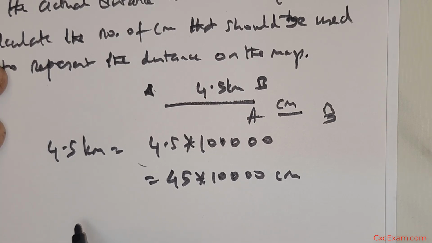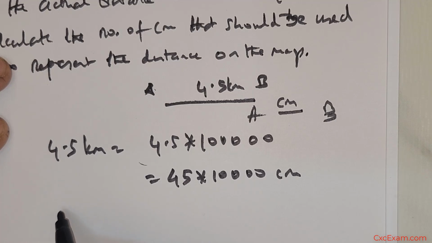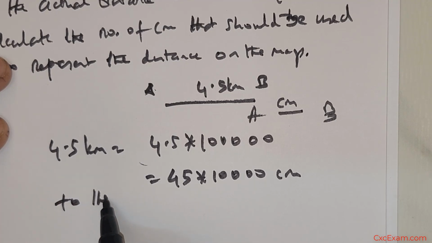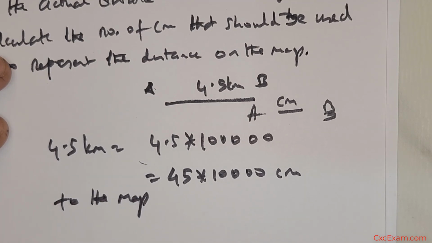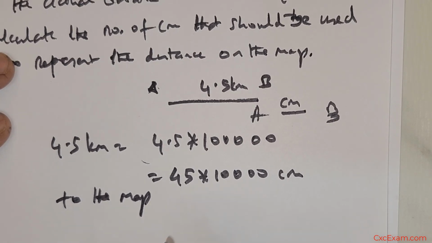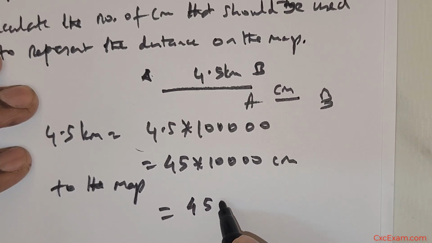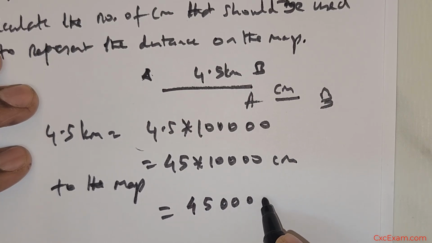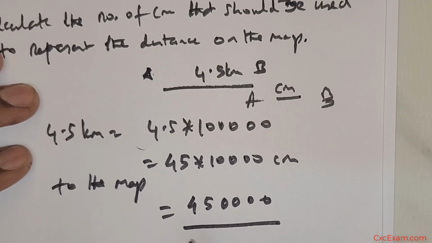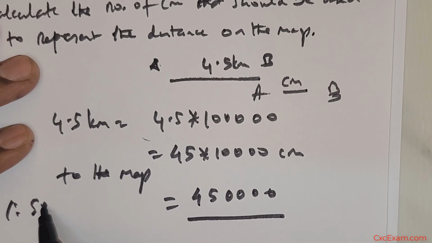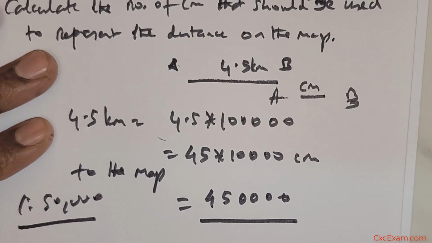Now we will have to convert this to the map. How are we going to do that? 4.5 followed by 4 zeros divided by the scale of the map, 1:50,000.